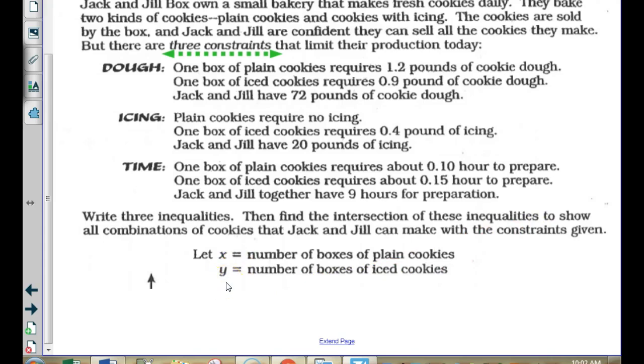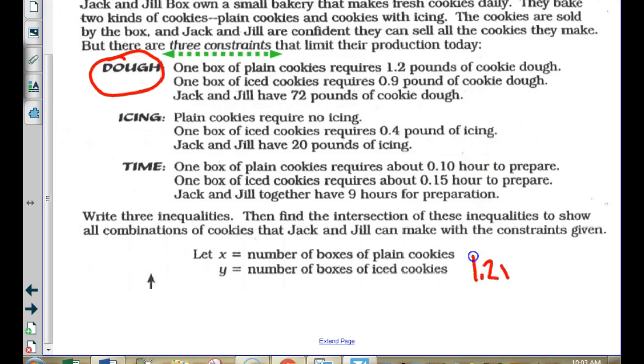They said X is the number of plain cookies and Y is the number of iced cookies. All right, so I'm going to write these down, and then I'm going to copy and paste them to the slide so we can graph them. We need an equation about dough, guys. X boxes of plain cookies, and each one of those X requires 1.2 pounds of dough.